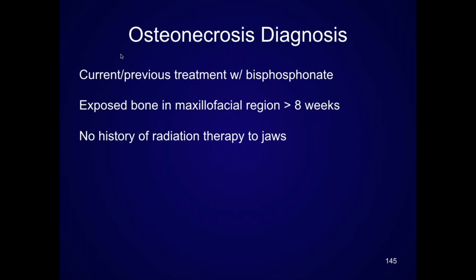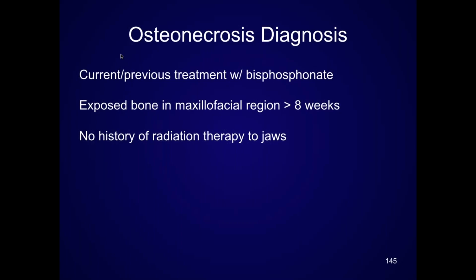There's 3 criteria to make the osteonecrosis diagnosis. They have to have been on a drug. Typically it's bisphosphonate, but it could be a monoclonal antibody like denosumab. They have to have an 8-week run, and there can't be any radiation therapy, right? Now there's a staging system that goes with this. It's stage 0 through 3. We're going to talk about stage 2 and 3 are the only ones where you need to treat them.